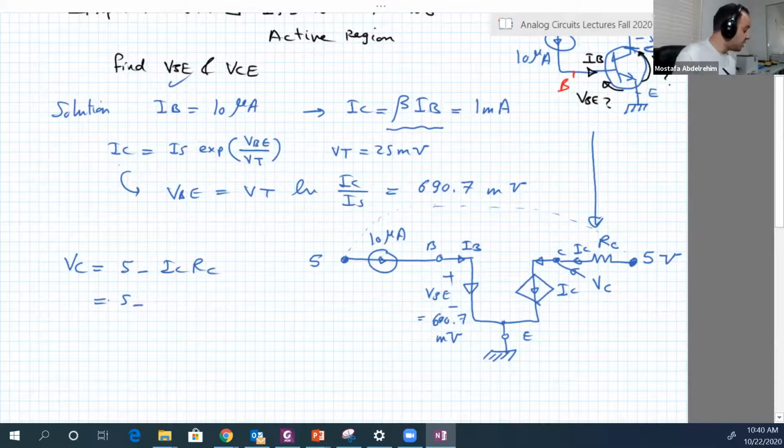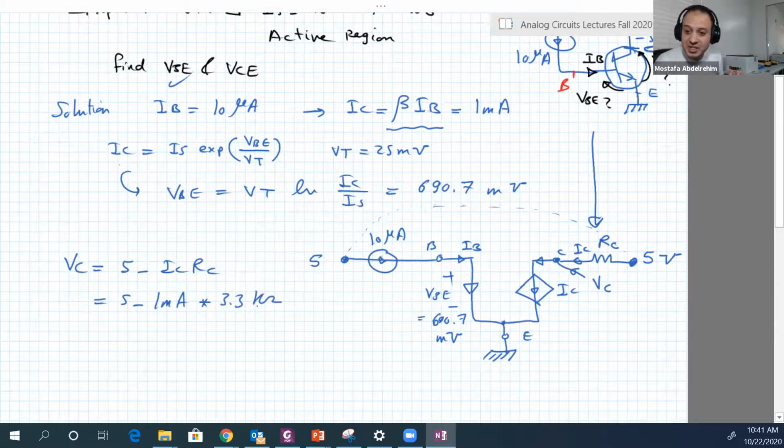5 minus IC, which is 1 milliamp, multiplied by RC, which is 3.3 kilo ohms. And a very good thing about this is that you will find all the time that you usually have resistors in kilo ohms and the currents in milli. So milli will cancel kilo.